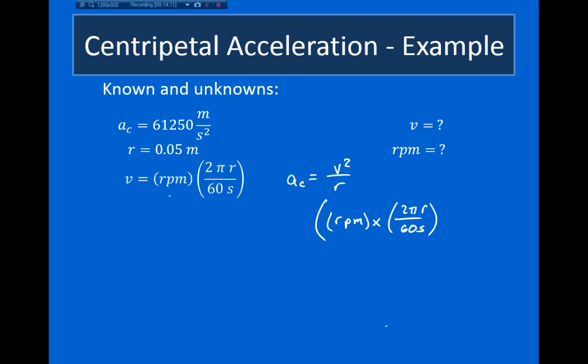Right? It's my velocity squared times 1 over r. Now looking at this, we can see that this 1 over r will cancel with one of these r's here. So I can write this as the RPMs times 2 pi over 60 seconds, squared, times r.